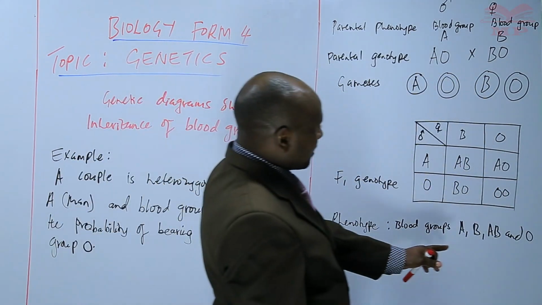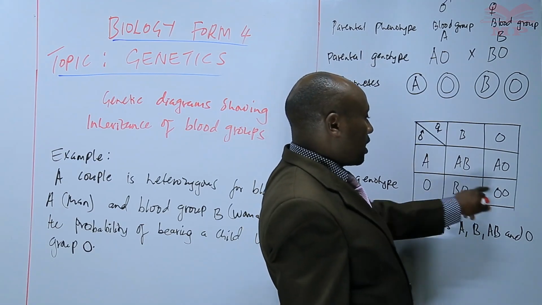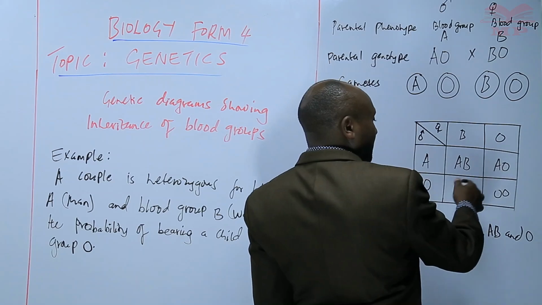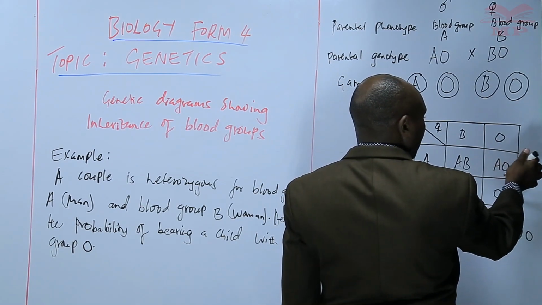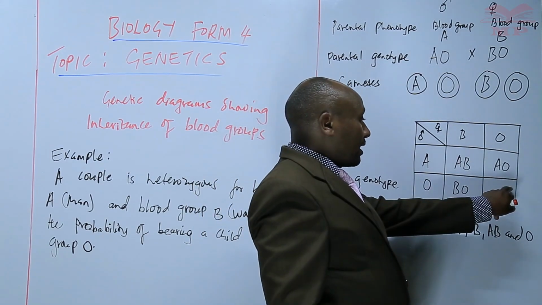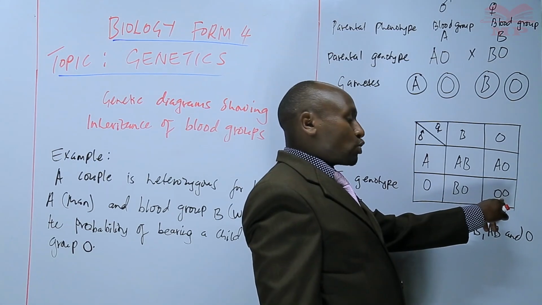Remember, when B and O occur together, B dominates. Where A and O occur together, A dominates. O can only express itself if we have the homozygous recessive state, OO.